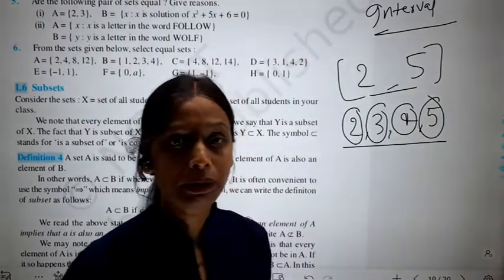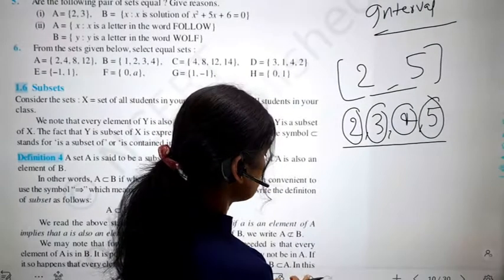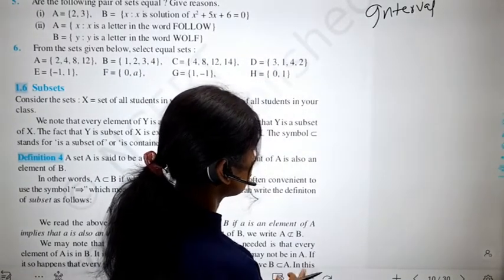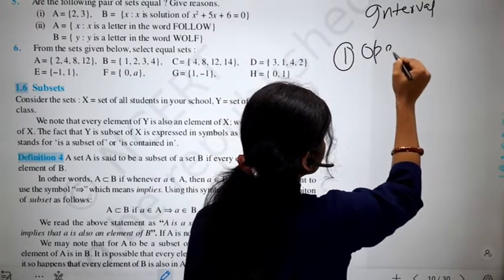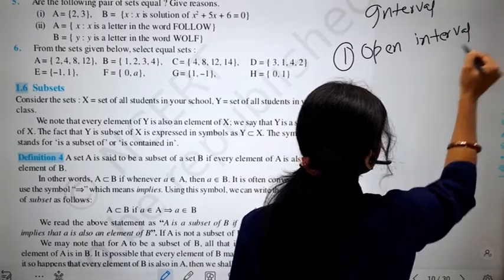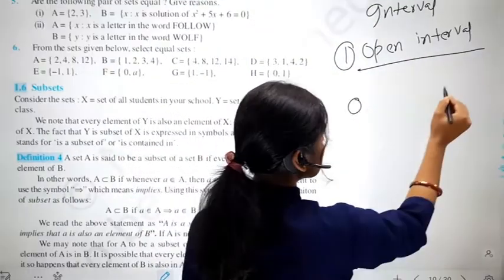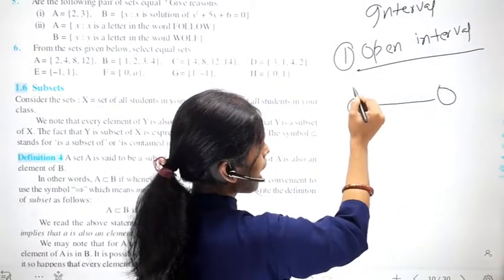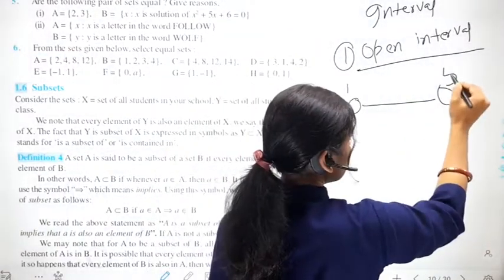All belong here. But there are 4 kinds of interval. First one, you will see in mathematics, there are 4 kinds of interval. First one is the open interval. Actually, what is the open interval? Open interval means, like as this is the interval, here I write 1 and here I write 5.